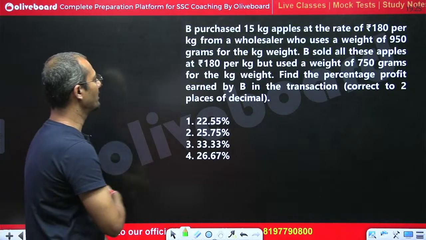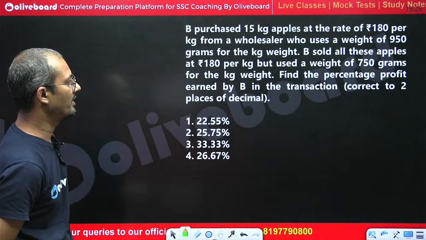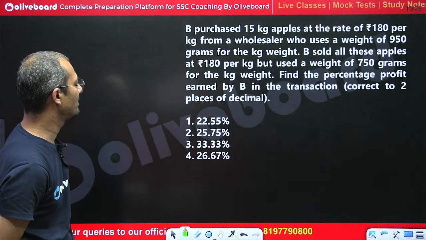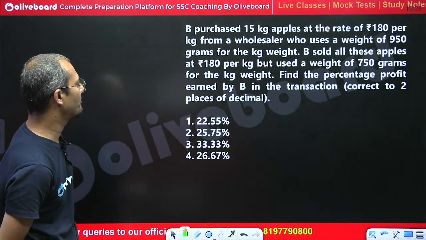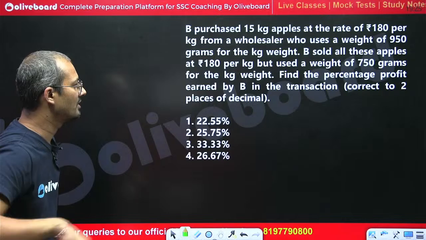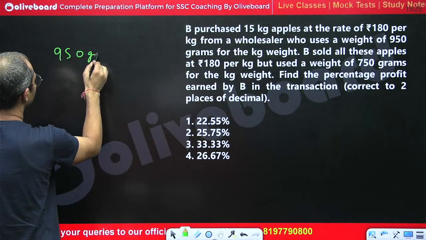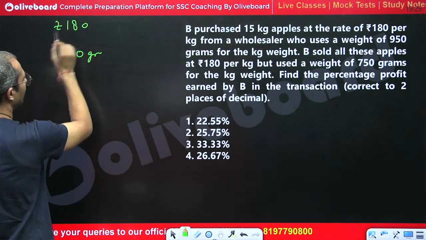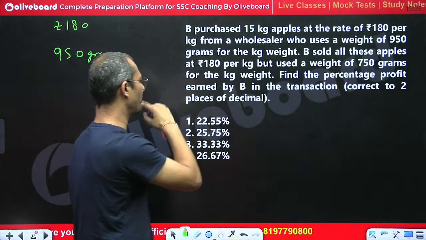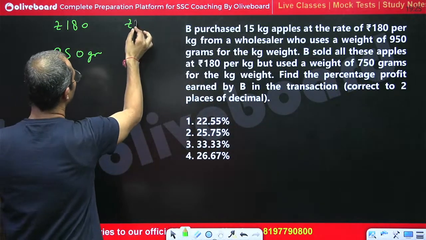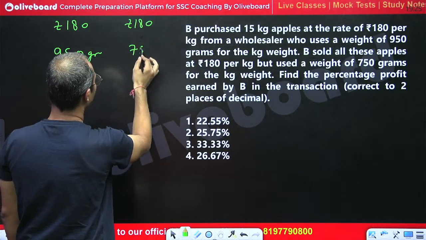Here the question is saying B purchased 15 kg apples at the rate of 180 per kg from a wholesaler who uses a weight of 950 gram for the kg, and sold these apples at rupees 180 per kg, but used a weight of 750 gram.